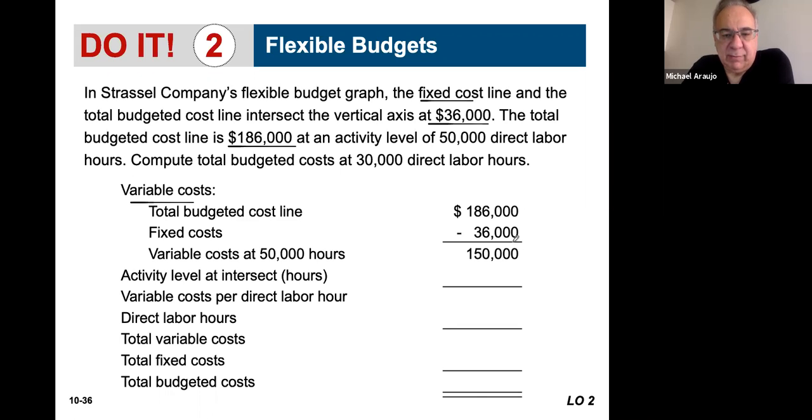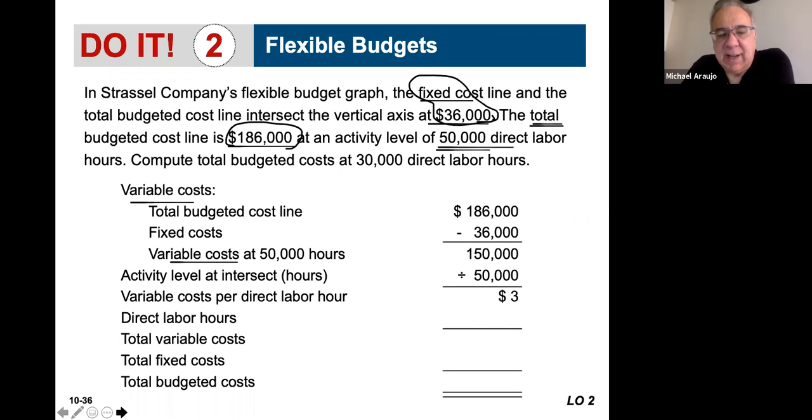150,000. Okay. So of this 186,000, which is the total, they told you that 36,000 of it was fixed. And the only other part is the variable costs. So the variable costs are 150,000 at 50,000 direct labor hours. So that's going to give us our basis in which to figure out these costs.